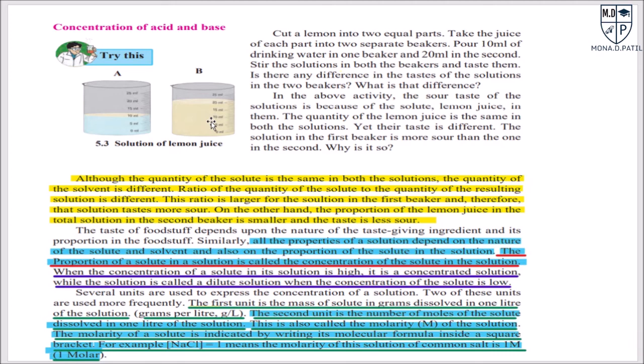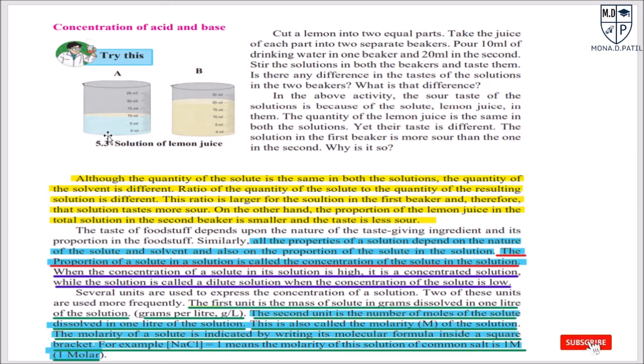From this activity, the sour taste of the solution is because of the solute, which is lemon juice. The quantity of lemon juice is the same in both solutions, yet their taste is different.